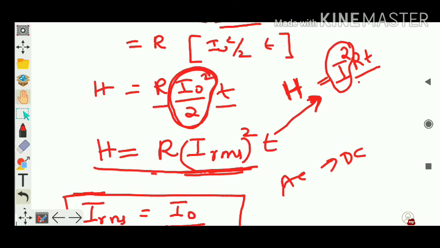But when I calculate the heat for an AC supply, it came out as R into I naught squared by 2 into T. So just to compare AC and DC, I am rearranging the AC heat equation into a new form, writing I squared as a new term, IRMS squared, into RT, so that the AC equation is now similar to the DC equation.